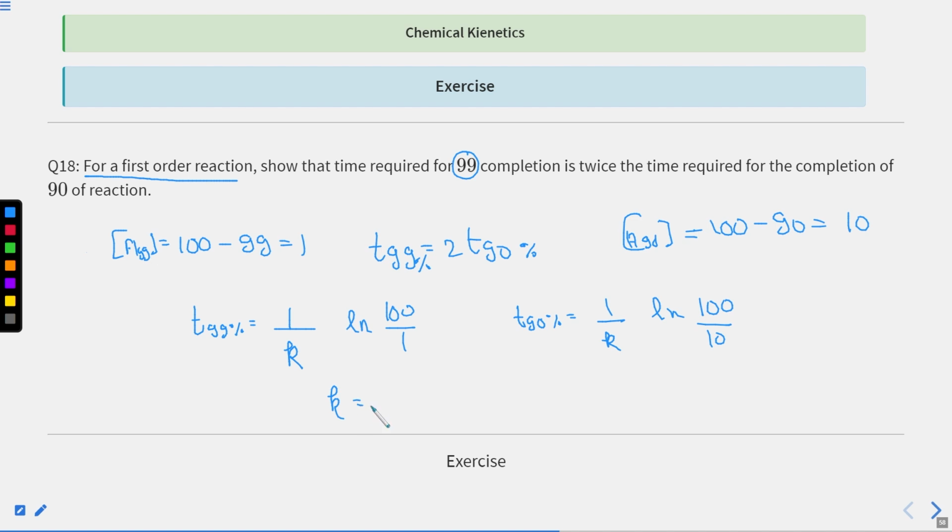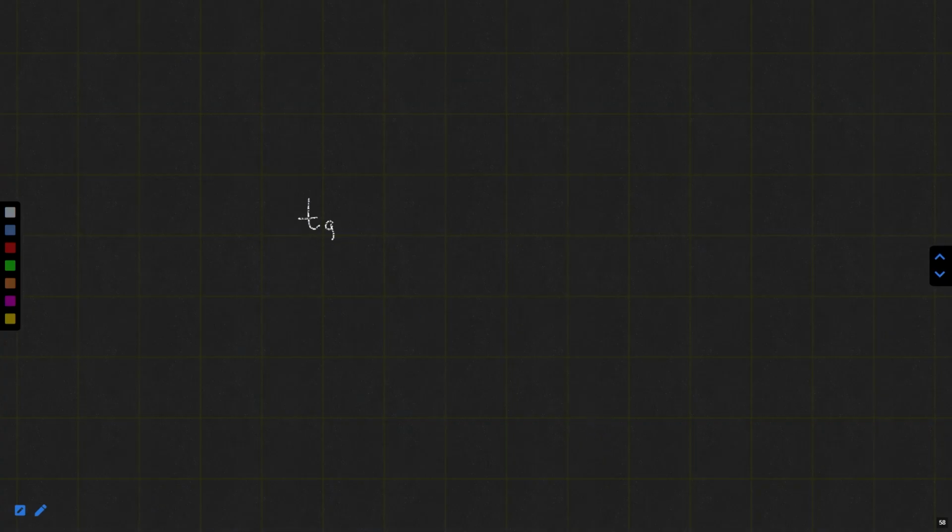Now if I calculate the value of K from here, then K will be equals to 1 by T90% ln 10. Now let us equate both of these equations. So 1 by T99% ln 100 will be equal to ln 10 by T90%.